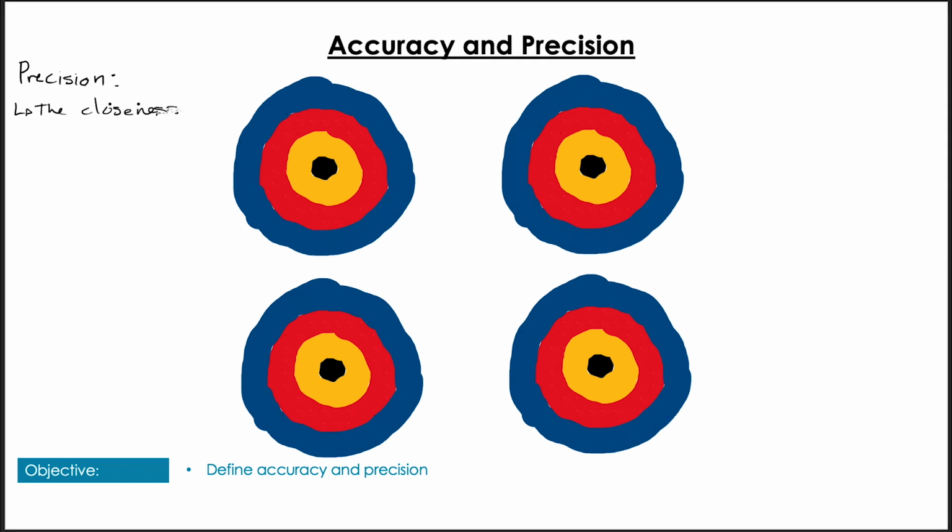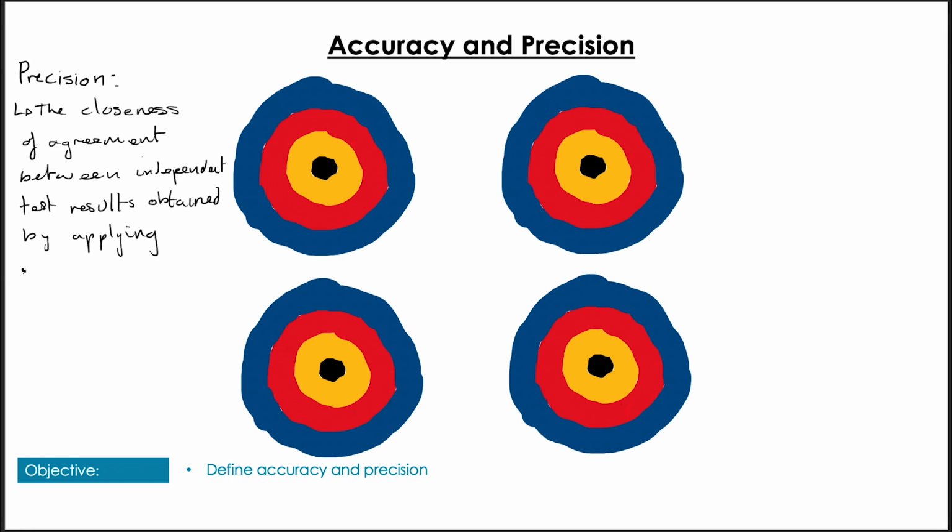So precision refers to the closeness of the values we take, how much they agree with each other. This is independent of what the real value is. This is just how consistent we are at producing values using the experimental procedure we have outlined.